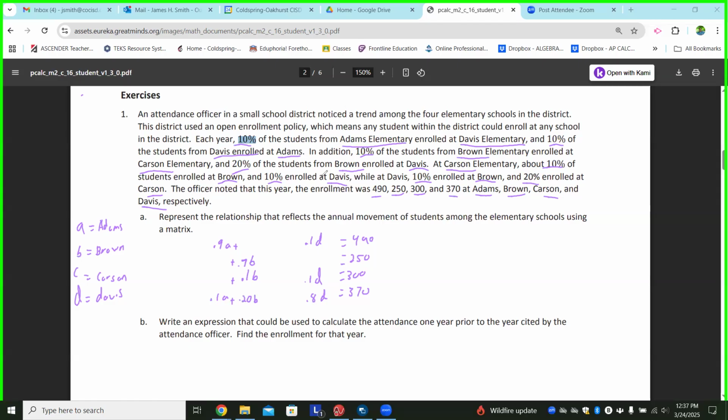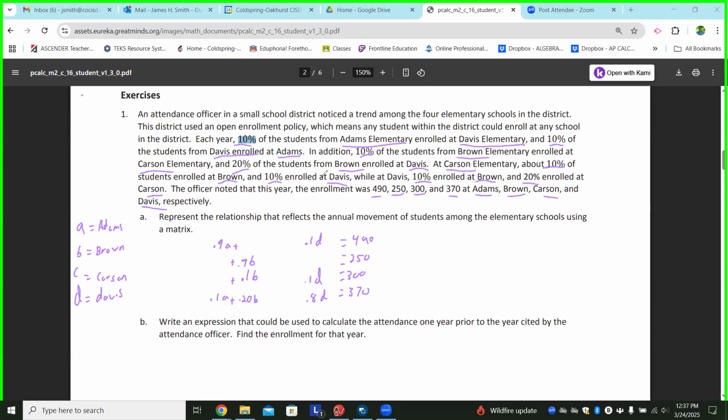Yeah, that sentence is killing me. 20% enrolled at Carson. Ten percent of students enrolled at Carson. 10% of students enrolled at Brown and 10% enrolled at Davis.